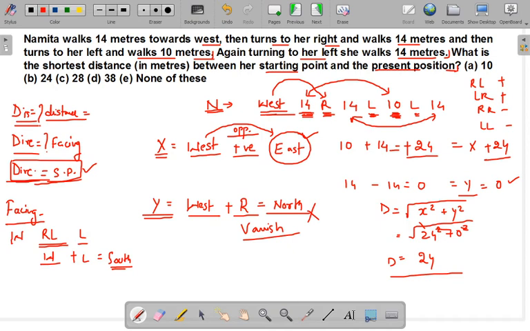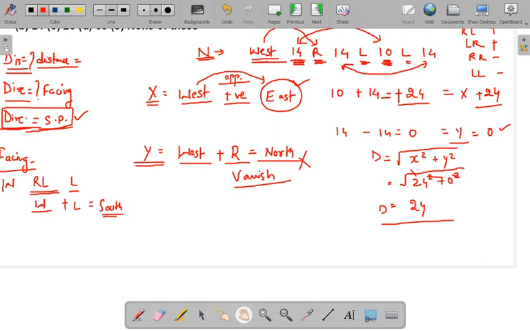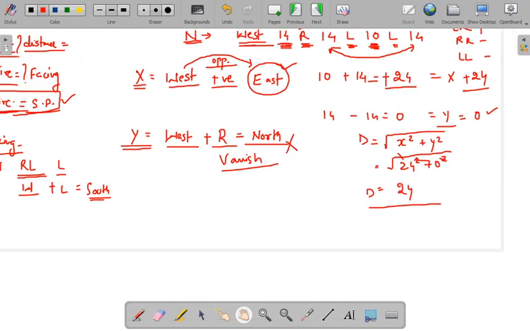We can actually draw this. So she goes west 14, then takes a right 14, then takes a left 10, then takes a left 14.